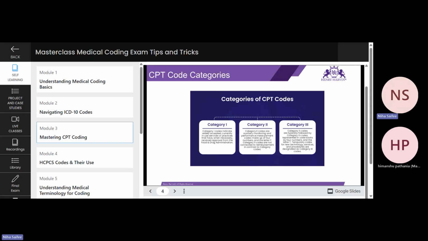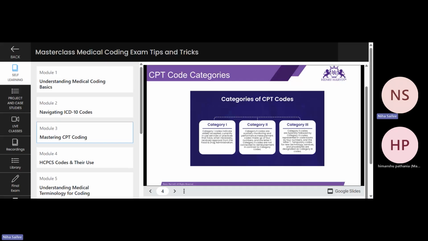If there is a category 2 code that needs to be selected, you need to select it. It doesn't mean that if it's not going to help in the reimbursement, you're not going to select it. You are going to select it if there is a need for it. So that is your category 2.